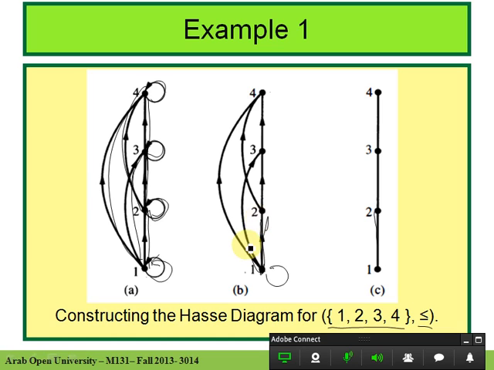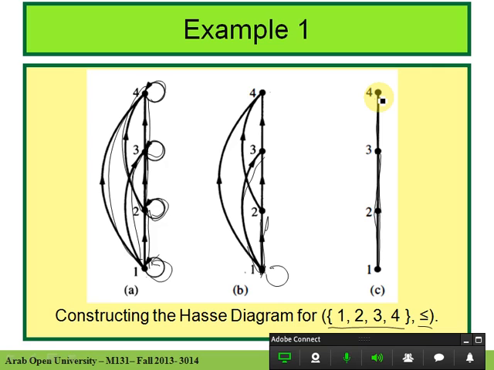Then 1 to 3 is already present from 1 to 2 and 2 to 3, so no need for an extra edge. Then 1 to 4 should be removed. Like this, 2 to 3 is already present and 2 to 4 is already reached through 3.